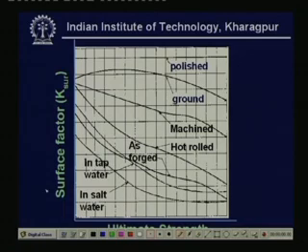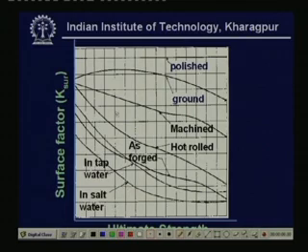So, you understand that a machine component which is exposed to normal water will have a surface finish factor of some value, which becomes quite low when the same machine member is acted upon by salt water conditions.